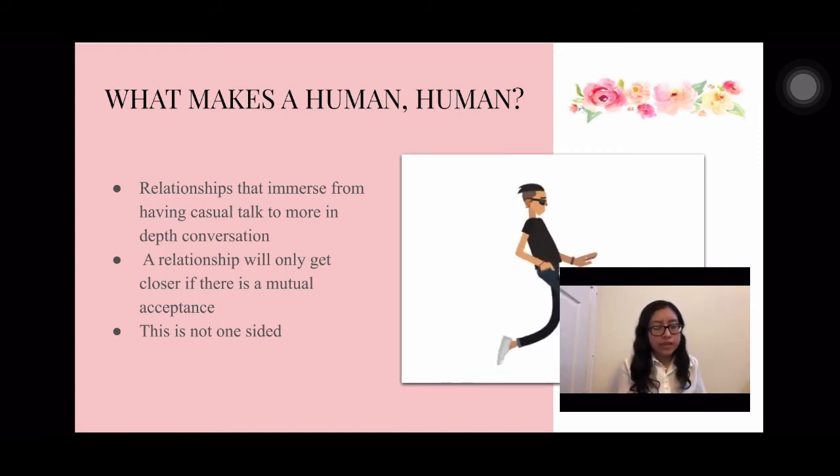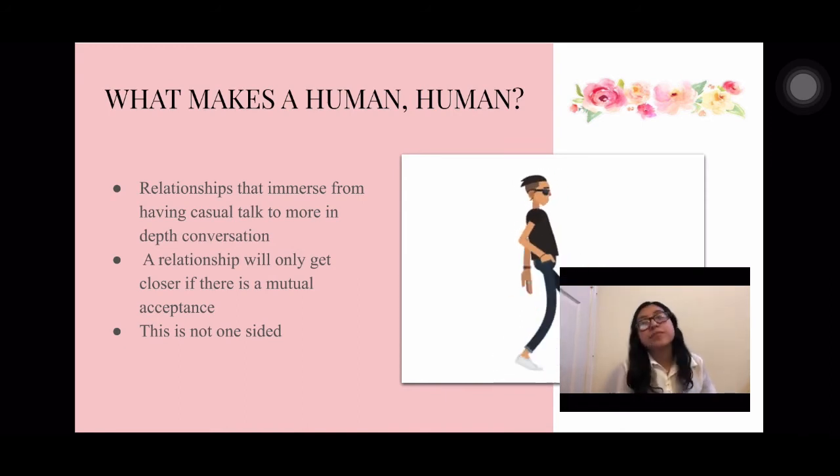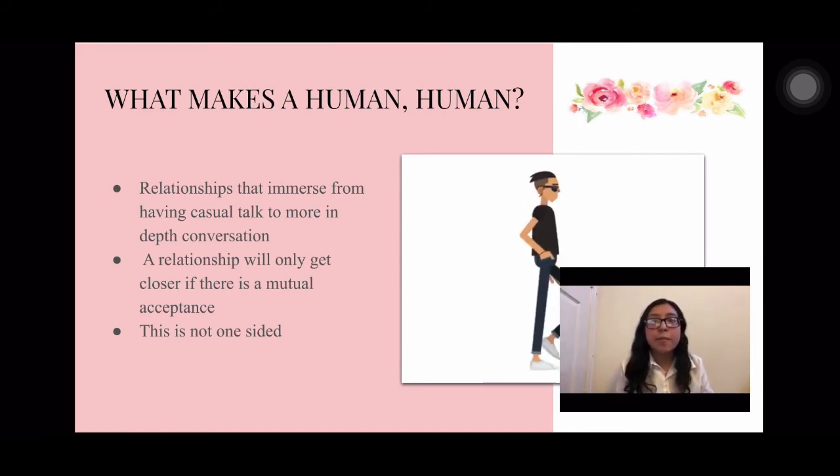So from getting to know simple details to getting to know more about their spiritual values, what they want to do one day when they get married, personal topics like that.